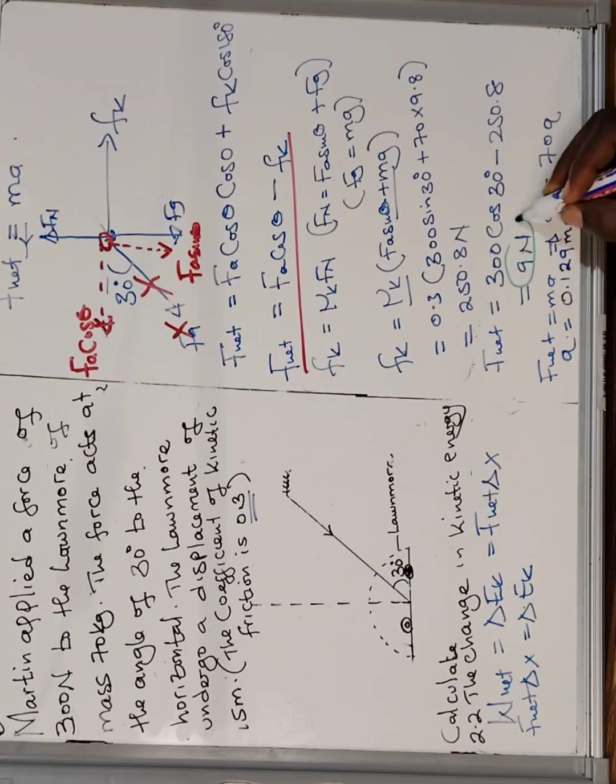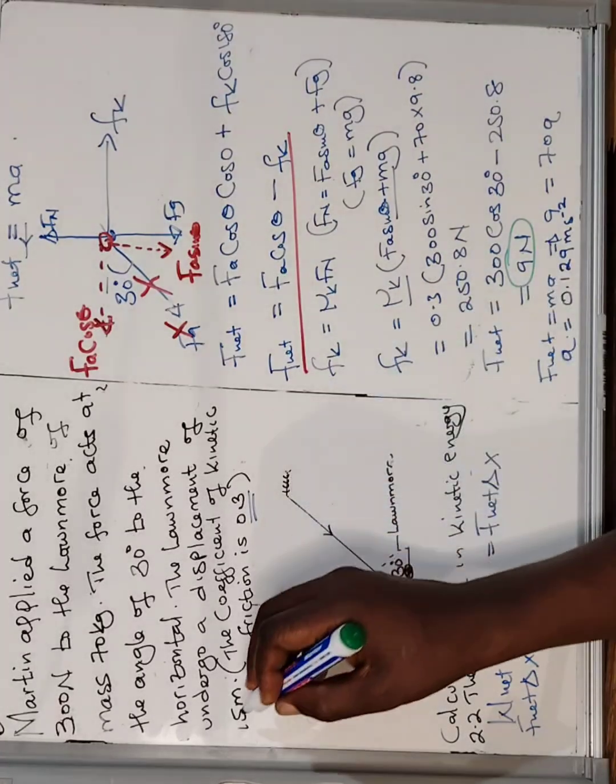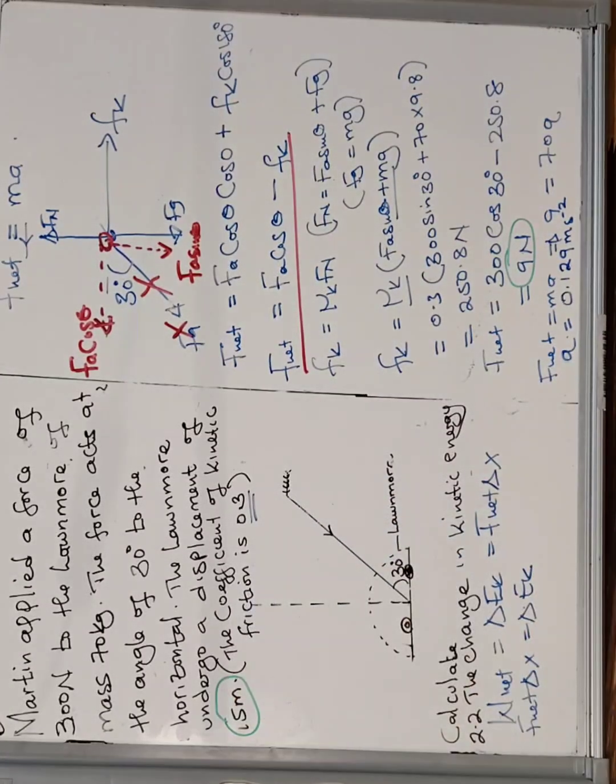We have it here. And what else do we know? We know our displacement. It is here. So we say our F net is 9 and our displacement is 15. That is equal to delta Ek.